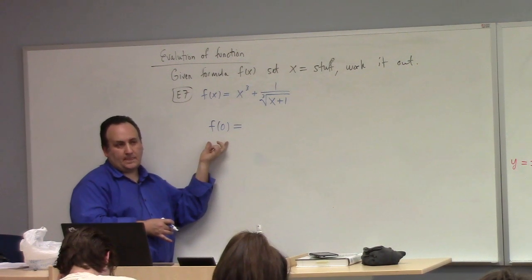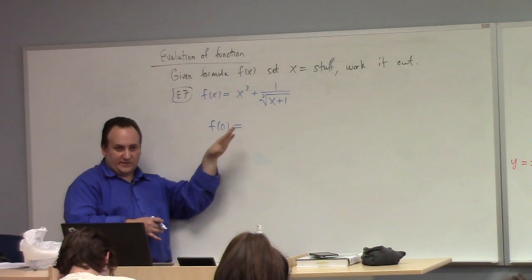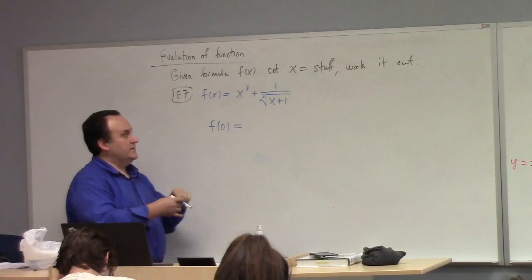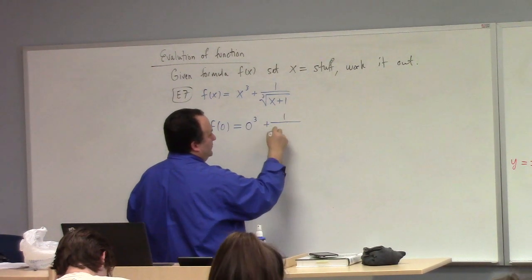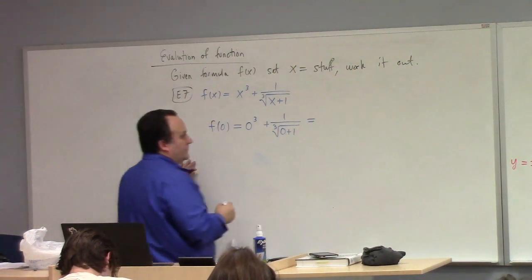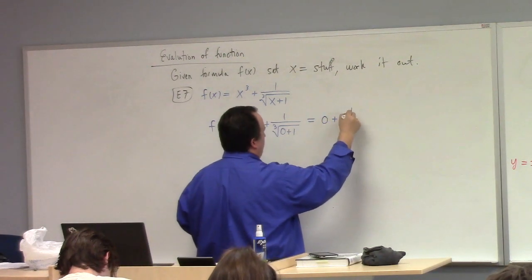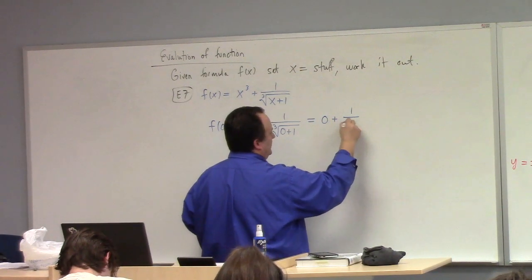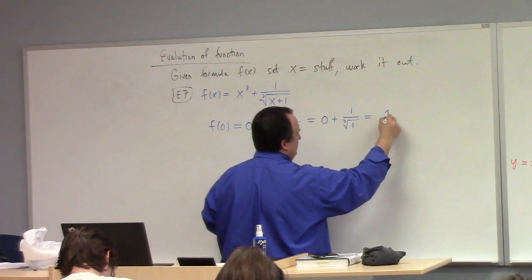So we're taking the formula and setting x to 0. So we do 0 cubed plus 1 over the cube root of 0 plus 1. What do you got? This is 0 plus 1 over the cube root of 1. What's the cube root of 1? 1, right? So this is 1.